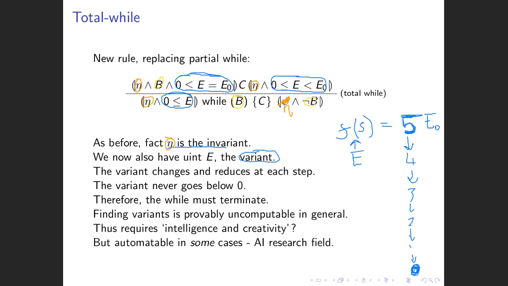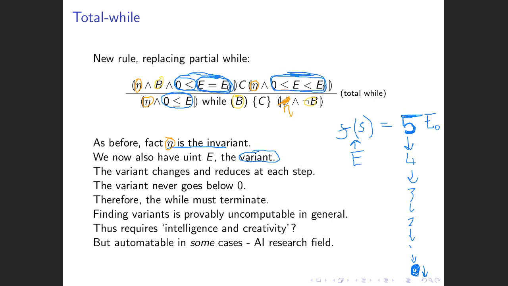It starts at some initial value and it always decreases, and it is always greater than or equal to 0. So if it carried on decreasing beyond that, it would go below 0 and that would violate our conditions. So E must always decrease and it must always be greater than or equal to 0.